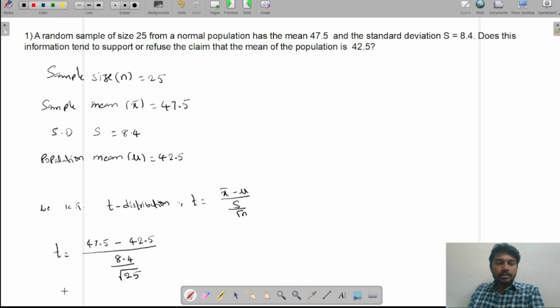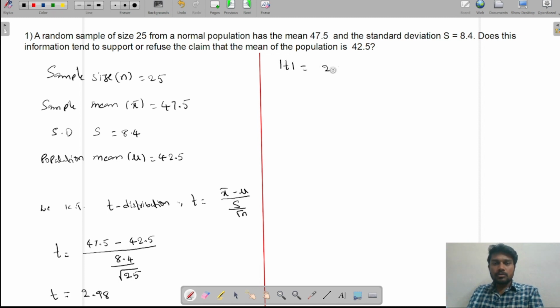By substituting in the calculator, we get the solution 2.98. This is the value of t. So modulus of t is equal to 2.98. I got the value of the test statistic, modulus of t equal to 2.98.